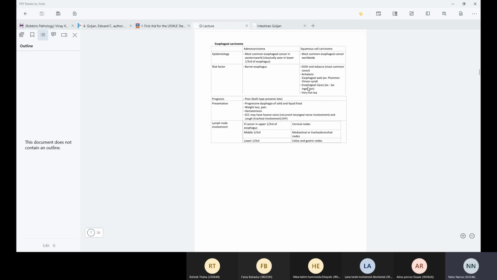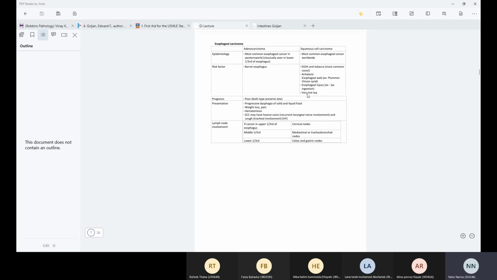Also, you can find esophageal injury, which is related to chemical damage. Chemical damage, for example, some toxic agents and dyes that lead to chemical damage of the epithelium. And very hot tea.